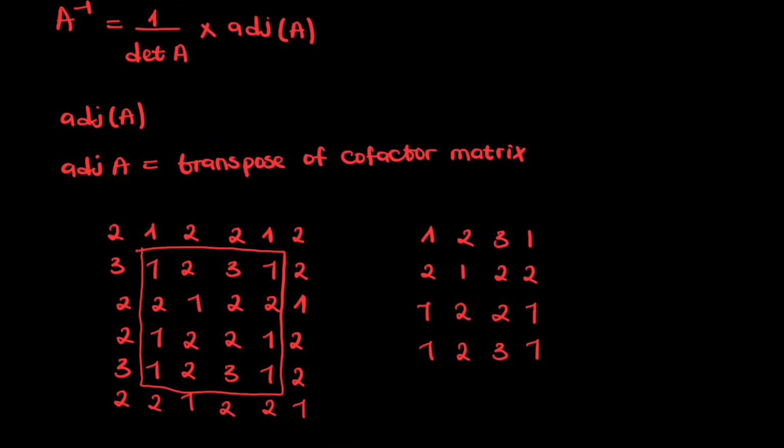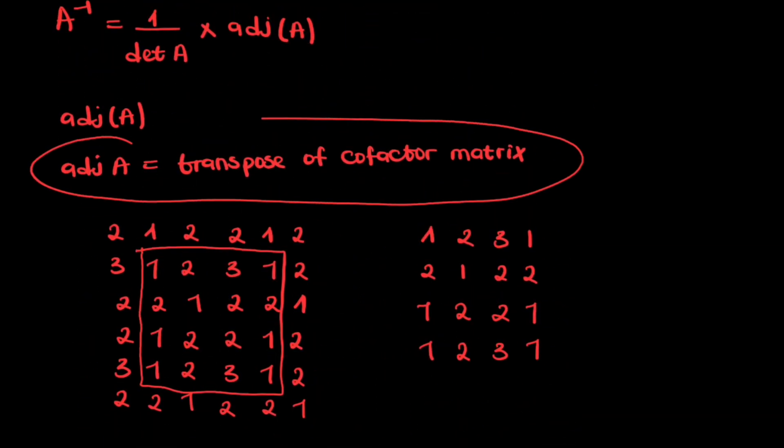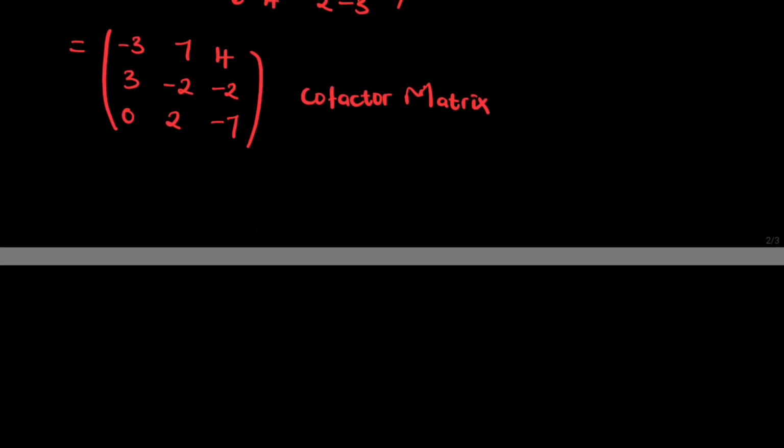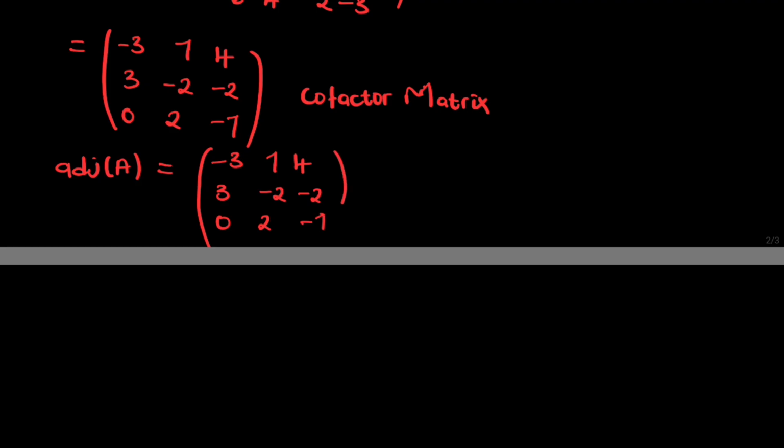So remember from here, the adjoint of A is the transpose of the cofactor matrix. So now we can say that the adjoint of A is the transpose of that matrix. So we take the transpose.